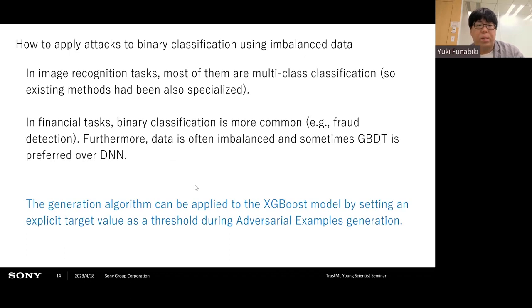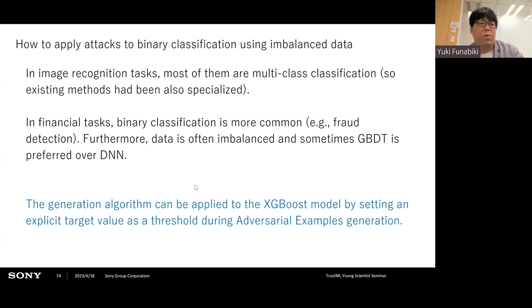The first topic is how to apply attacks to binary classification using imbalanced data. In image recognition tasks, most are multi-class classification. You can imagine that ImageNet or CIFAR has 10 or 100 classes, so some existing generation algorithms have also been specialized to such multi-class classification. On the other hand, in fraud detection, binary classification is more common than in image recognition.